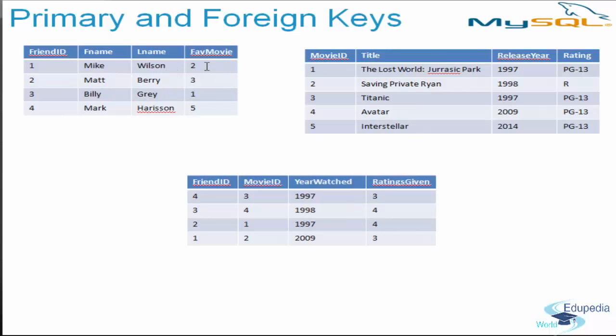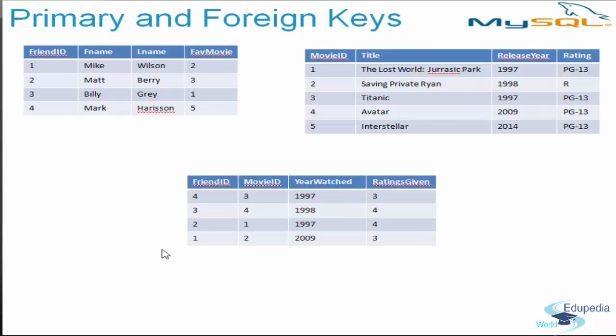So in our case the primary key of 1 has a foreign key of 2 because it is sourcing from another table. But when we go to movie ID, this becomes the primary key here. So basically what we are saying is that Mike's favorite movie is Saving Private Ryan. If you are using the primary key of another table in some other table, those keys are referred to as foreign keys.